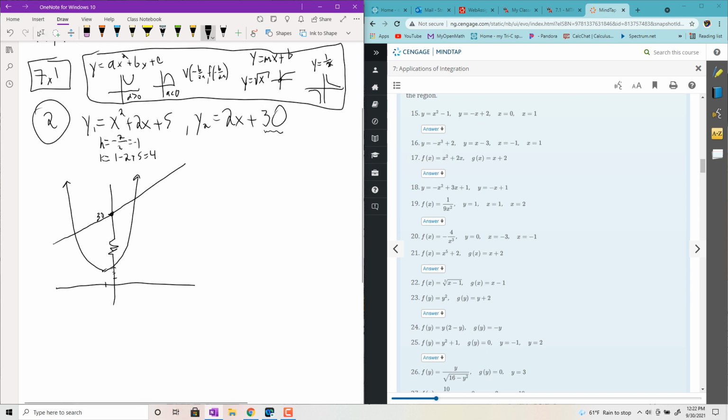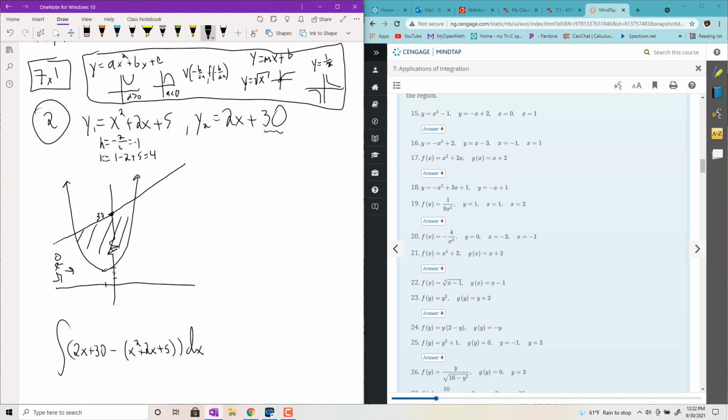Okay, so the deal with these problems is they want you to find the area of the enclosed region, and that's just an integral of the top curve minus the bottom curve, depending on your orientation. If it's with respect to x, looking at my Riemann man, the top curve is the straight line 2x plus 30, and the bottom curve is x squared plus 2x plus 5, and it's all of this dx.